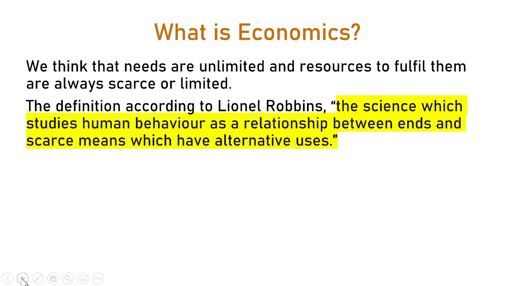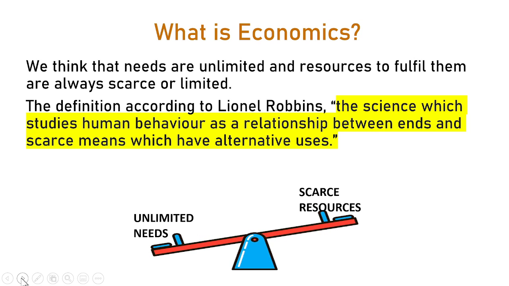It studies the human behavior. And how so? As a relationship between ends and scarce means. Scarce means are the resources, and ends are the requirements or needs. These needs have alternative uses, like we saw that the resources, though are limited, they can be put to alternative uses. It's a balance that everyone has to maintain about unlimited needs and scarce resources.